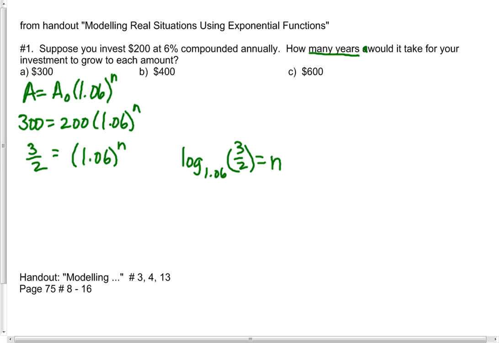Well, I also know from the beginning that I can use my calculator with a different base: log of 3 halves divided by log of 1.06, and I can find my n value. If I type that in, 6.96. So approximately 7 years for that $200 to become $300. Let's try the $400 one.